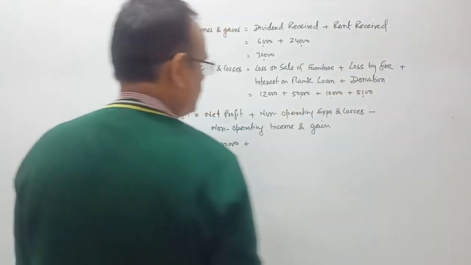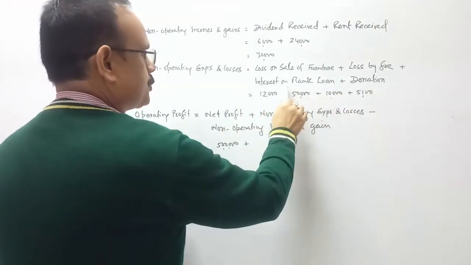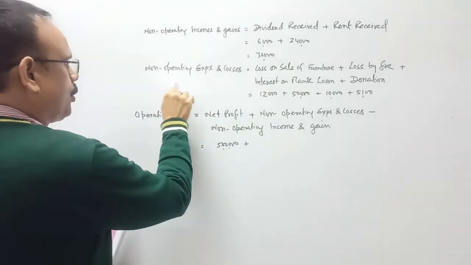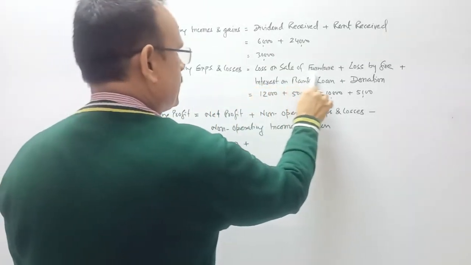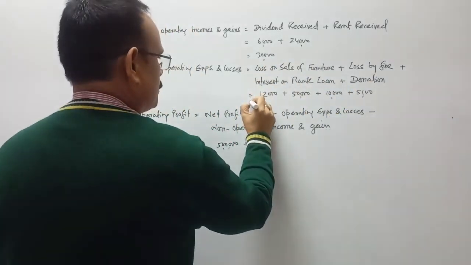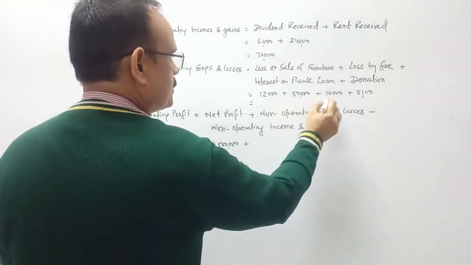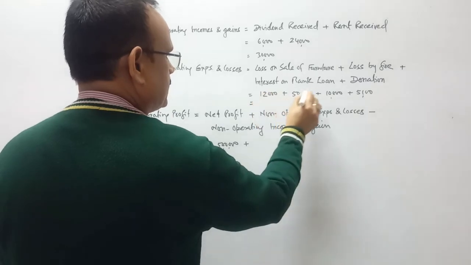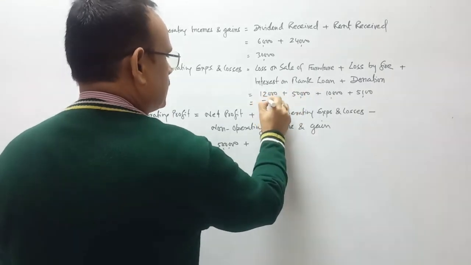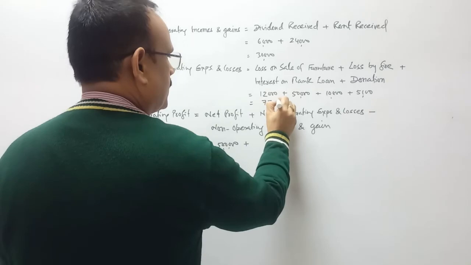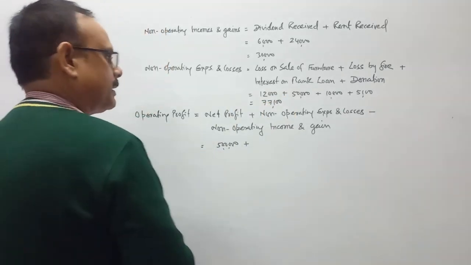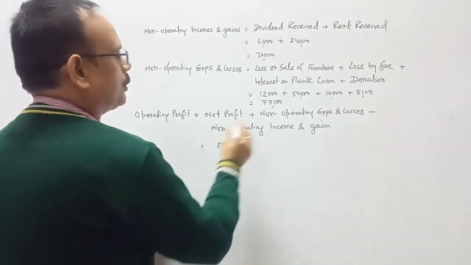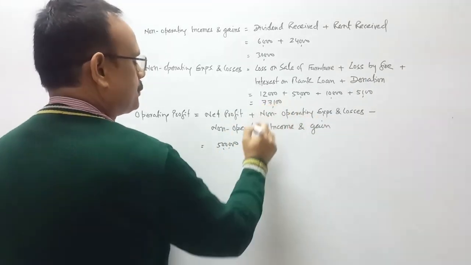Donation and interest on bank loan are non-operating expenses, and non-operating losses are loss on sale of furniture and loss by fire. So the total is how much? 77,100.